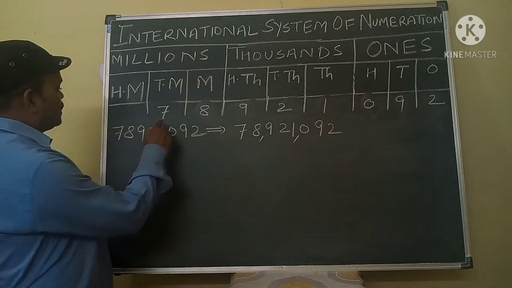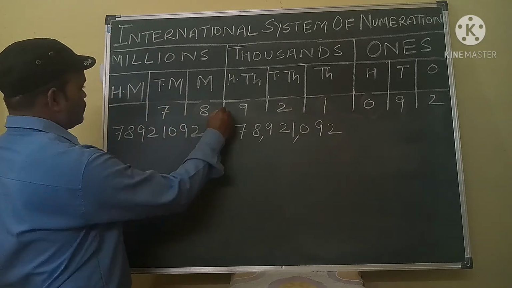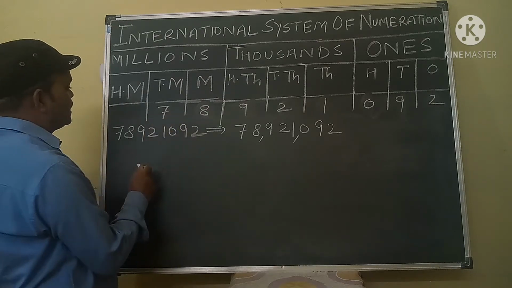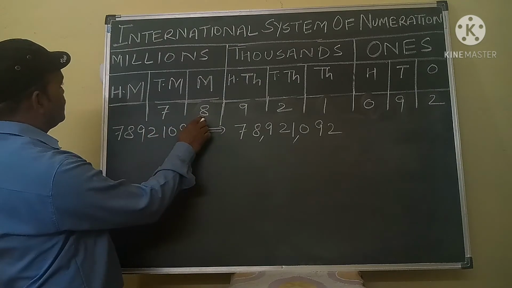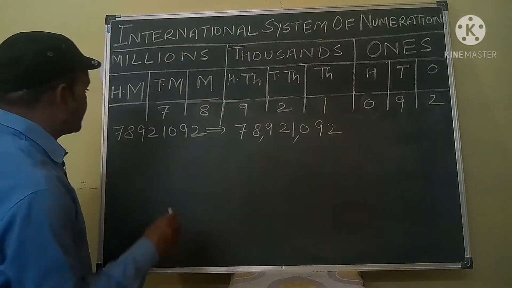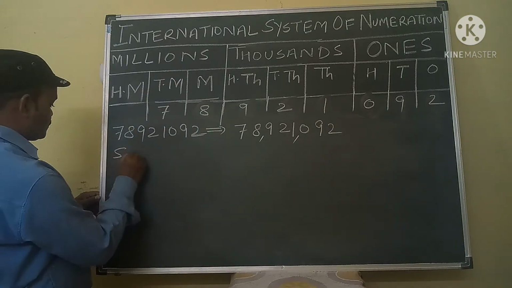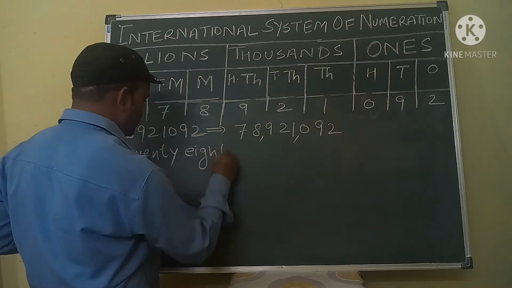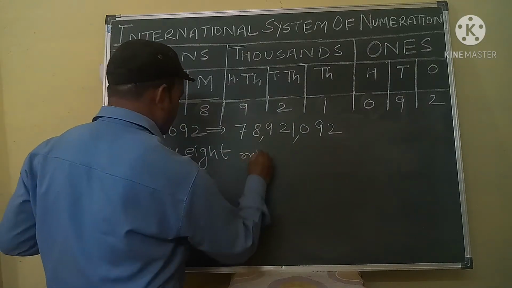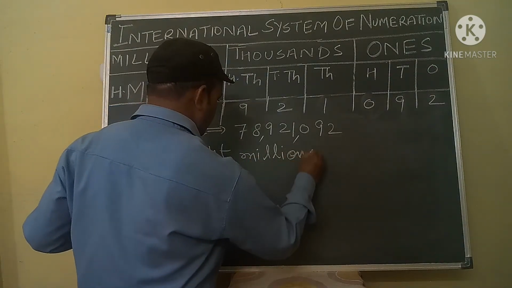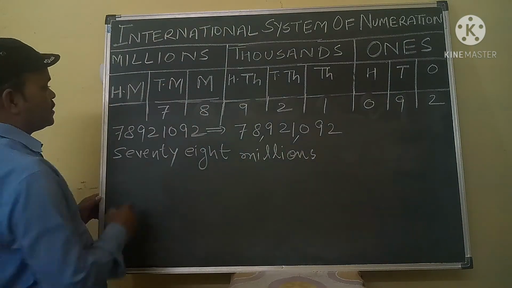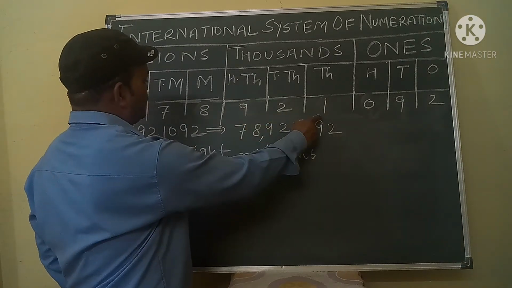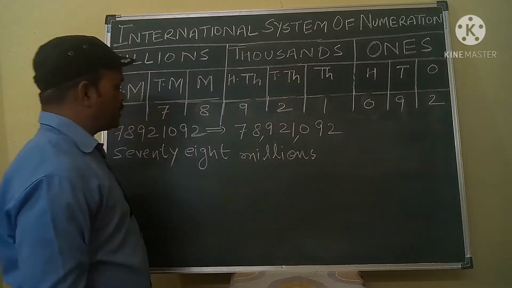As you are looking, this is 78. 78 is in millions group. So how can you write? Now look here. 78 millions. 921 is in which period? Thousand period.